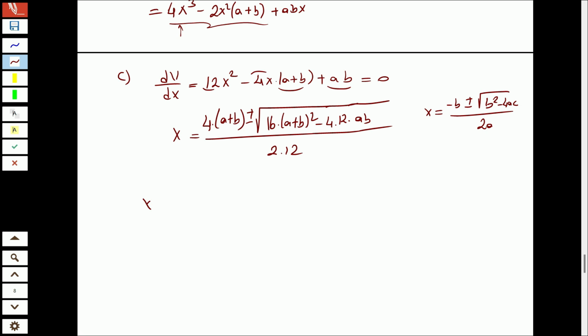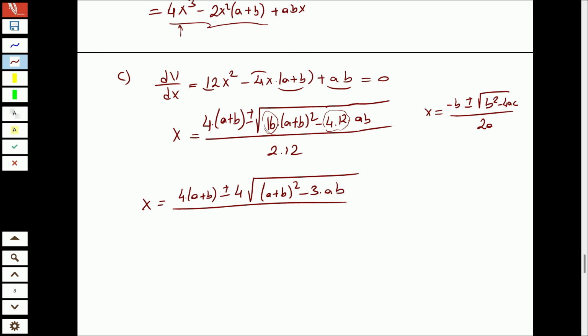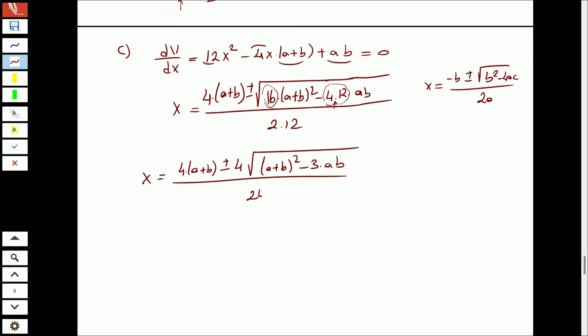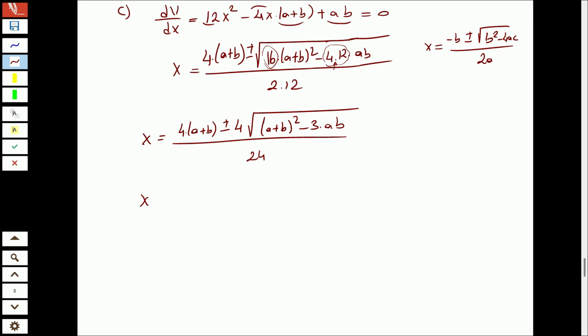Simplify this expression: 4 times (a plus b) plus or minus the square root of. By the way, there is a factor 16 here and also a 16 factor here, so we can take this number out of the square root. It will be 4 times the square root of (a plus b) squared minus 3 times ab, right? Because when we divide 48 by 16, it will give us 3. Here is 24, and again, simplify.